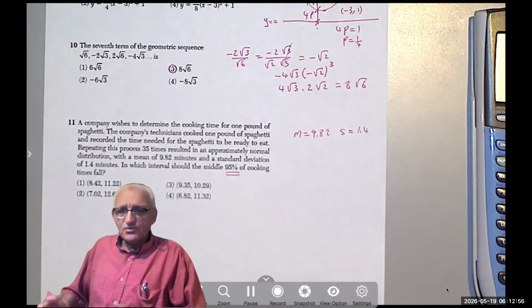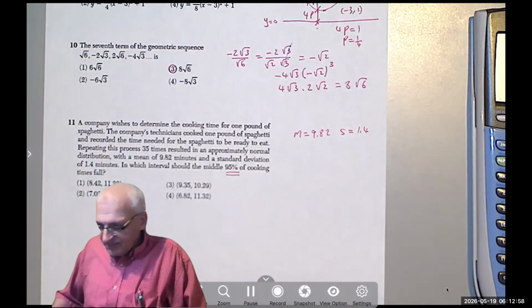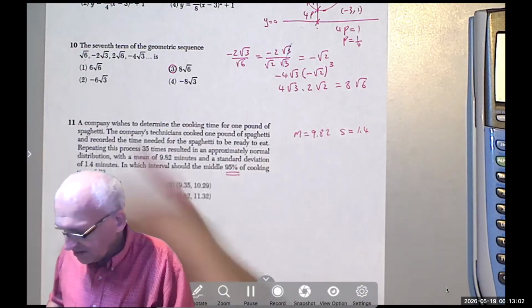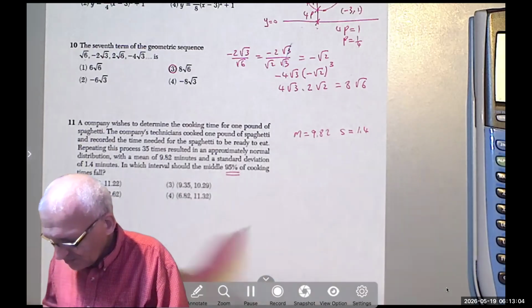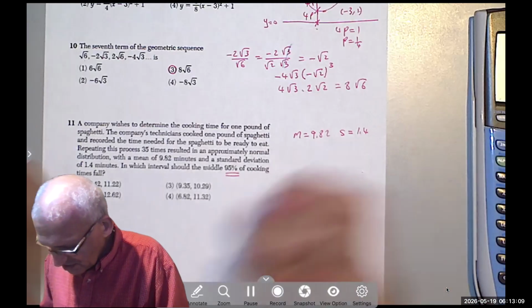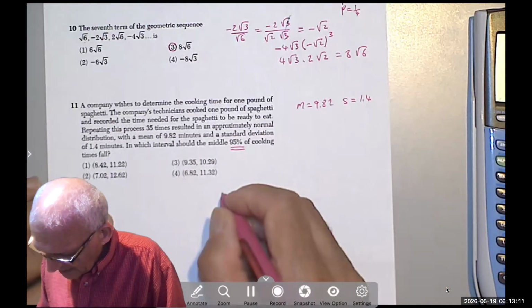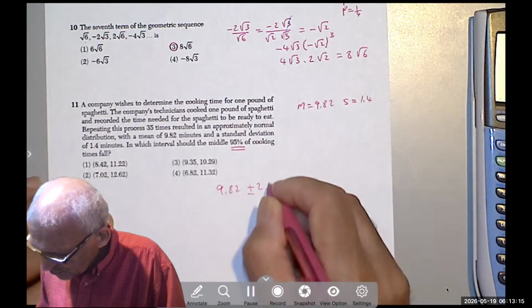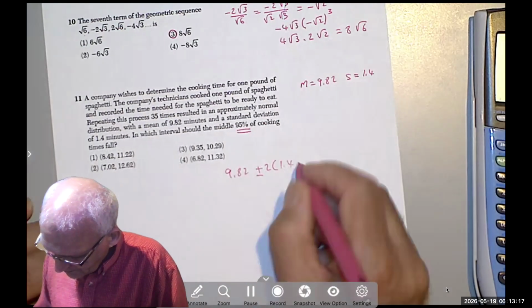We know for simulation, we say this is 2. Really, if it's normally distributed, we say it's 1.96, but I know in your case, you use 2 because you are not going to use the calculator. Or you can use it just to find which one of those. So I have 9.82 plus or minus 2 times 1.4.